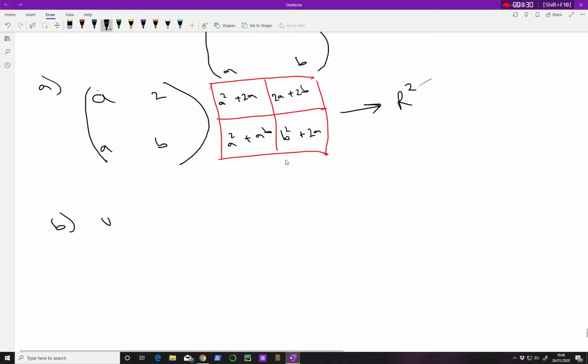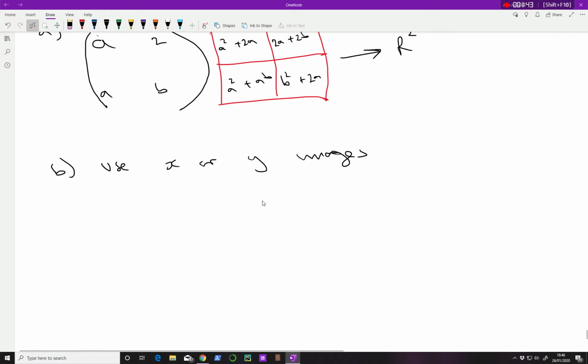So I'm going to write here, use X or Y images. I'm going to use both because there's something that I want to show. So here I'm going to write using X, which is 1, 0. I'm going to transform this using the transformation matrix up above, and that's going to give me a scale factor of 15. That means this is going to be multiplied by 15.